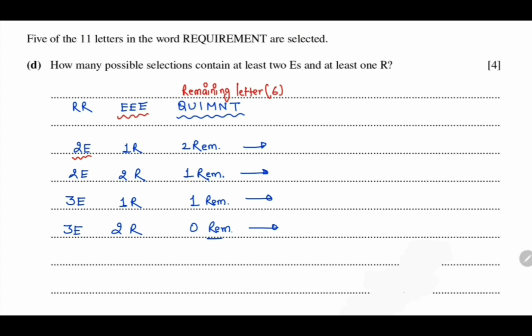Unlike when I was given 3 boys and I had to select 2 boys, so I wrote 3C2, but here I will not write 3C2. Why? Because 3 E's are identical. So this is the reason why I will not write 3C2.